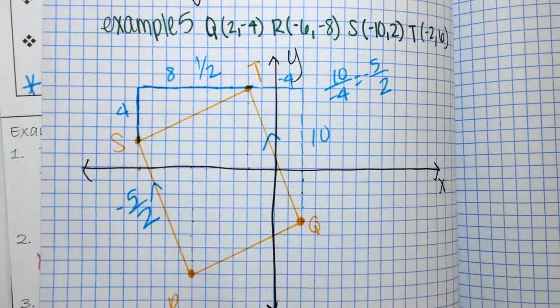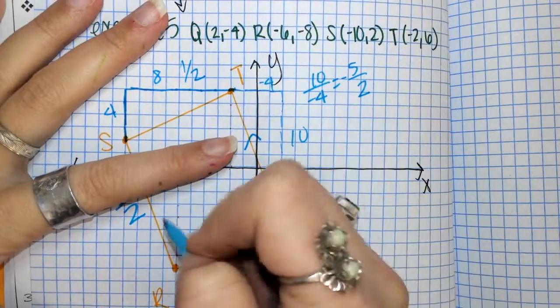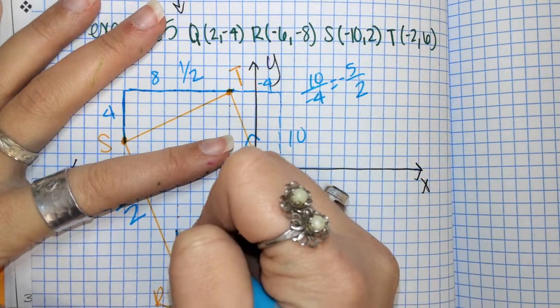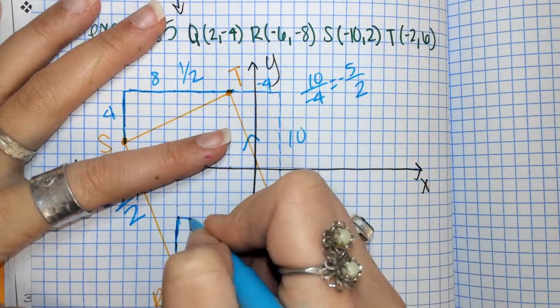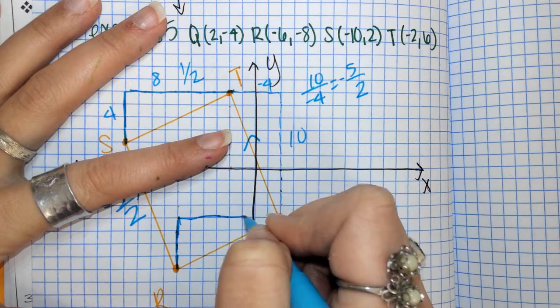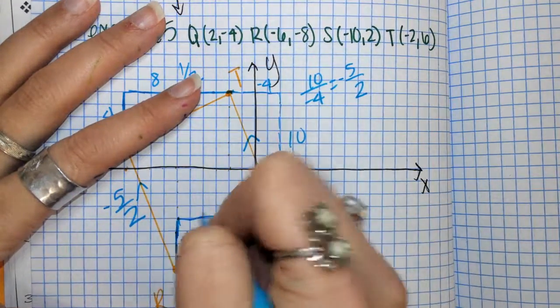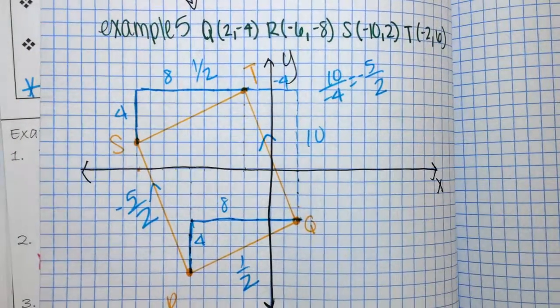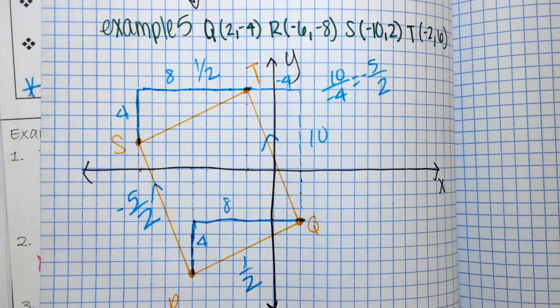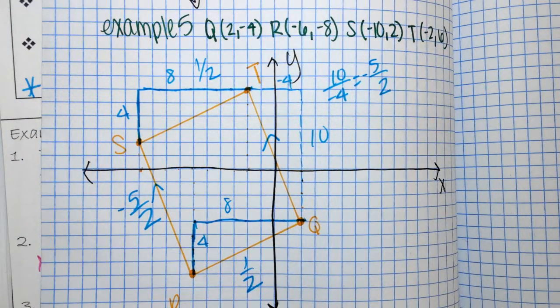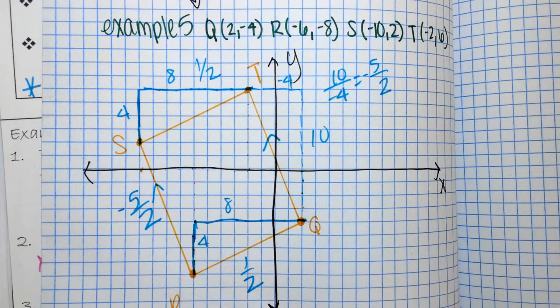Yep. Same thing down here. Were you just guessing? No, I counted squares diagonally. It was still right. Look at you go. Magic.